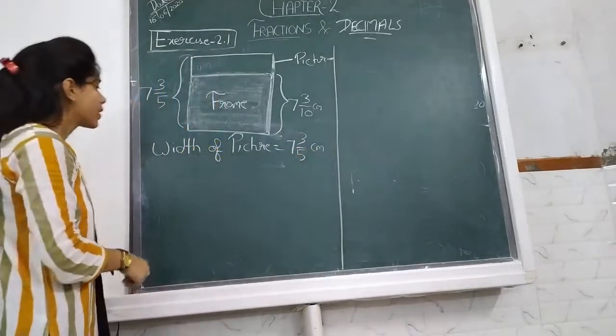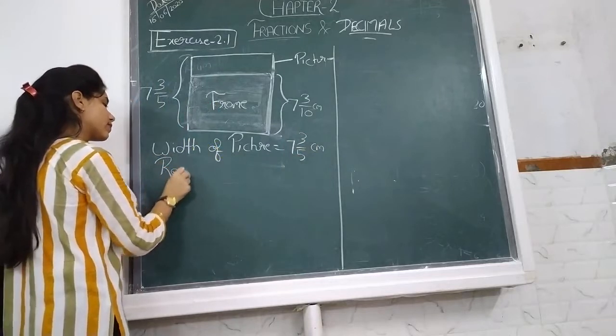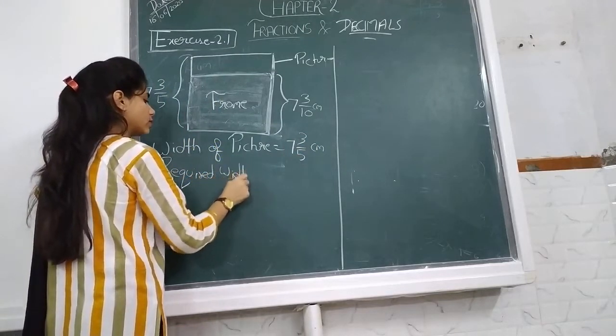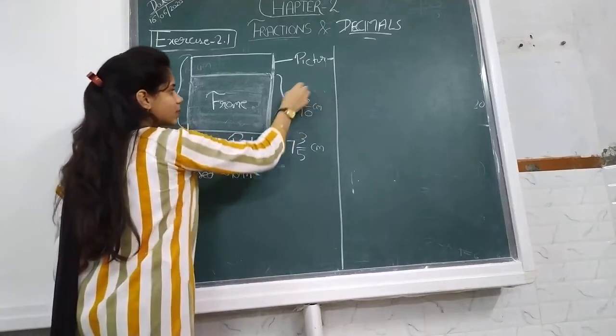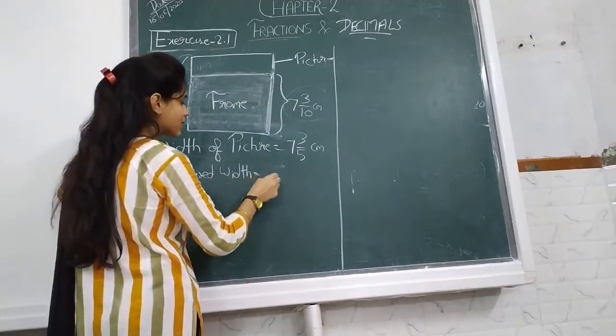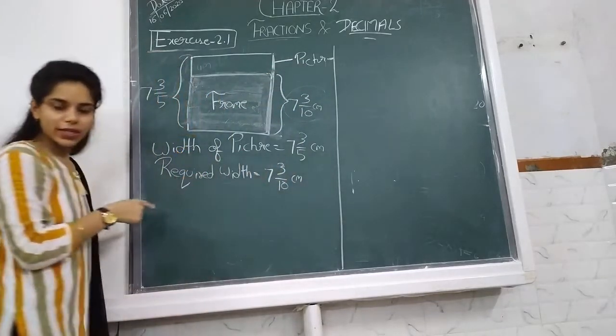Got it? And required width is the width we require to put it into this frame. So required width is 7 3/10 centimeter. Got it?